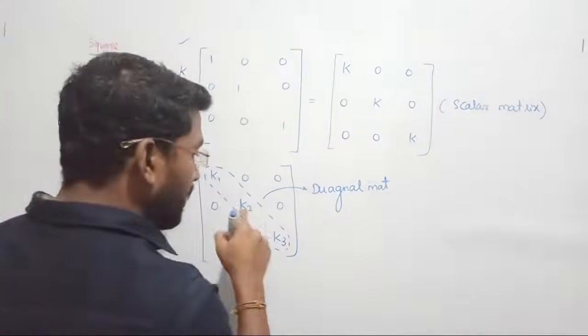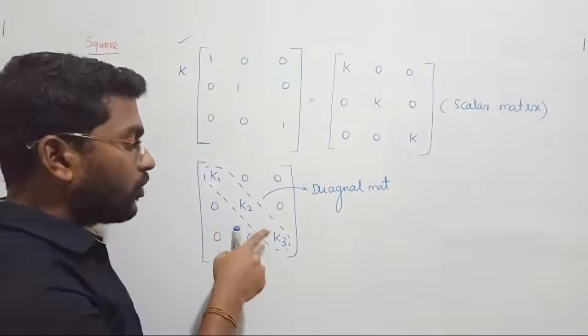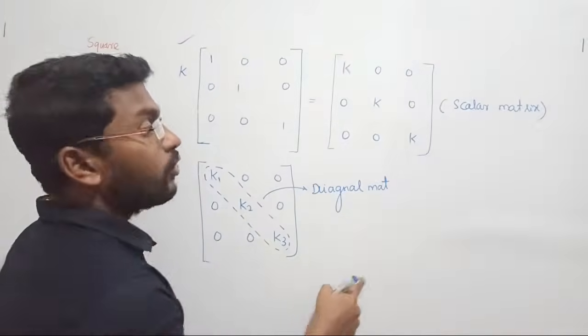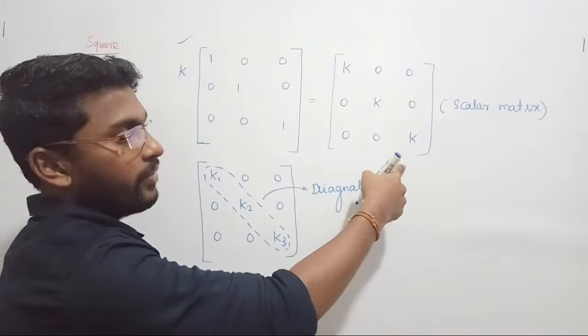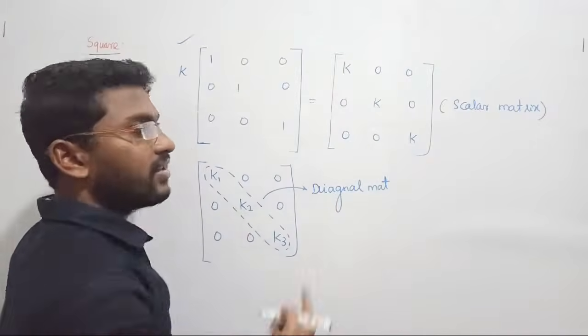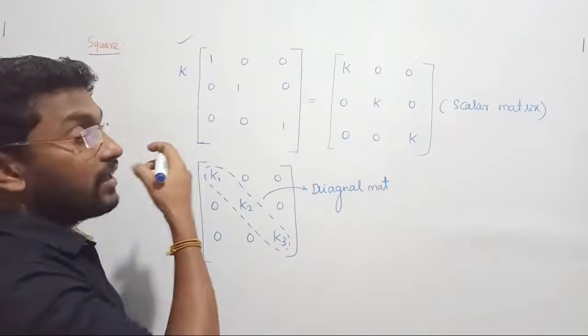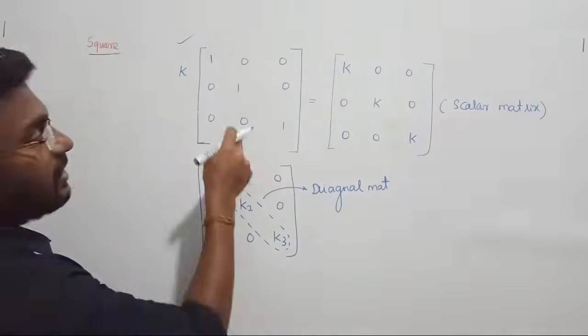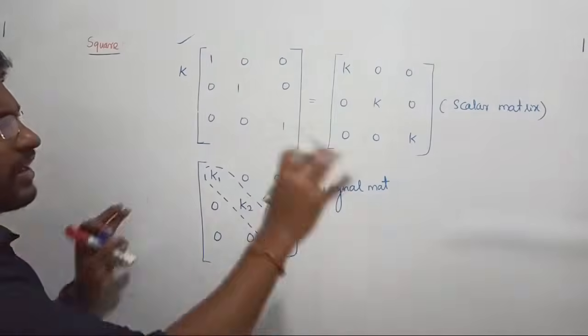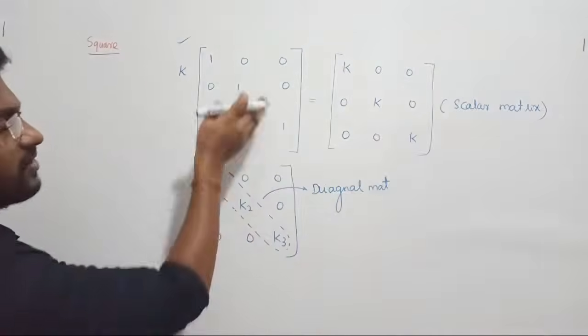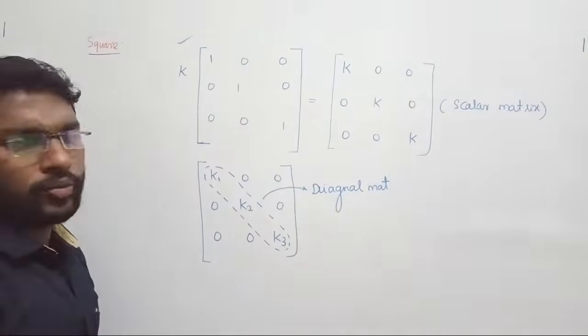Only if k1, k2, k3 are all equal is it called a scalar matrix, because in a scalar matrix all the diagonal values are equal. If k1, k2, k3 are all equal to 1, then it is called the unit matrix. Otherwise you can segregate them: this is a scalar, this is a diagonal, this is a unit matrix. I hope things are very clear.